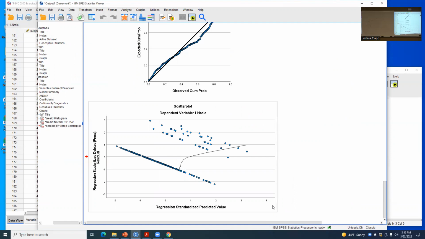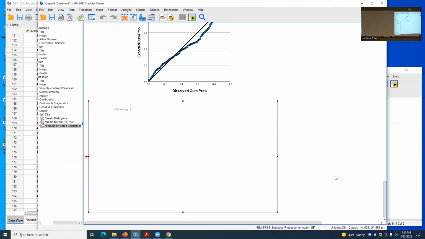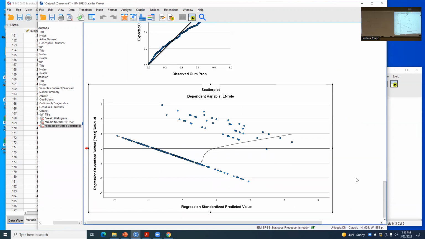So how do we like this? How do we like this residual plot? It's pretty terrible, right? We've got very clearly 1, 2, 3, 4, 5 straight diagonals coming across here.